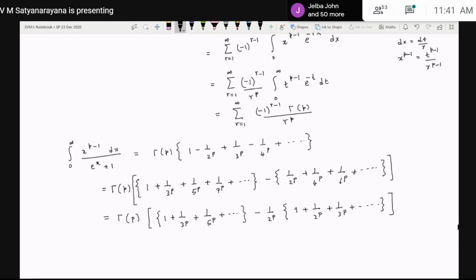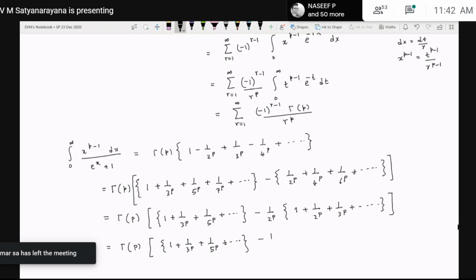Now, what is there in this bracket is basically a Riemann zeta function. Okay, so this is equal to gamma of p into (1 plus 1 by 3 to the p plus 1 by 5 to the p, etc.) minus 1 by 2 to the p into a Riemann zeta function of p.